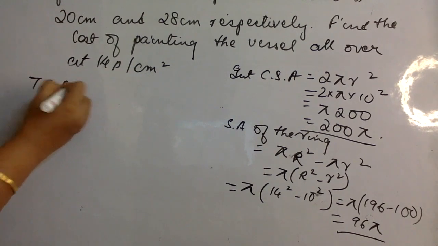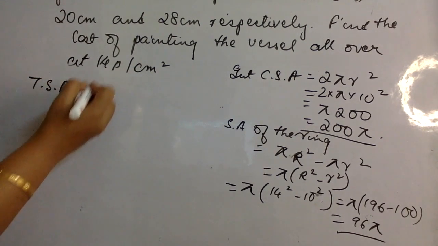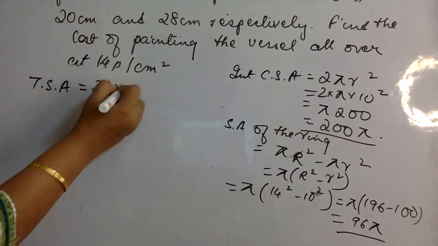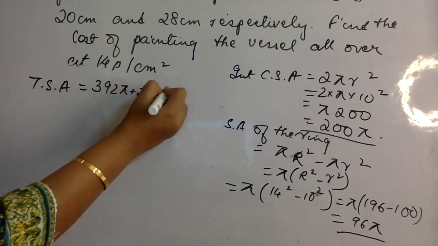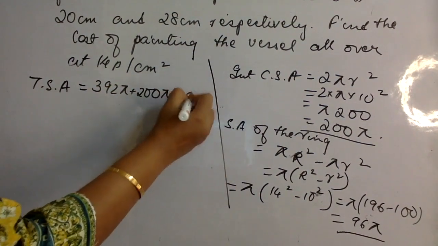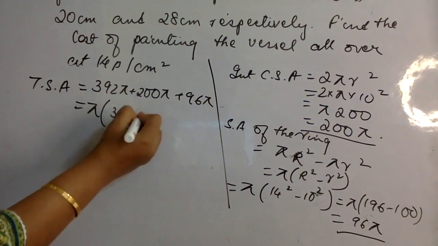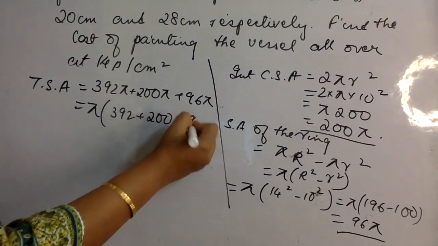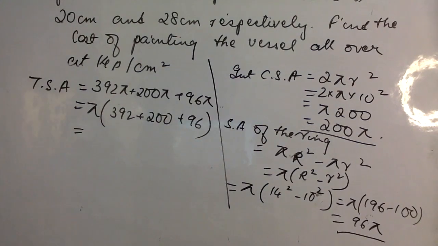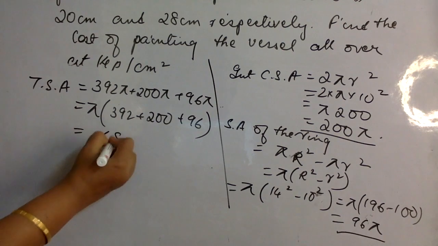TSA now of the hemisphere is 392 pi plus 200 pi plus 96 pi. Take the pi out, 392 plus 200 plus 96, and that will give me, on adding, 688 pi.